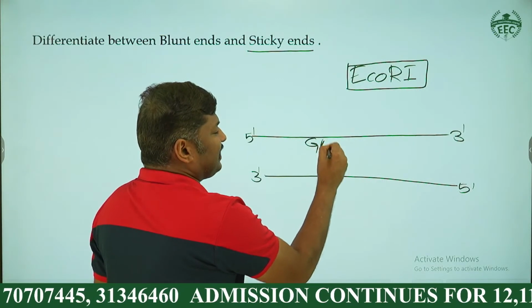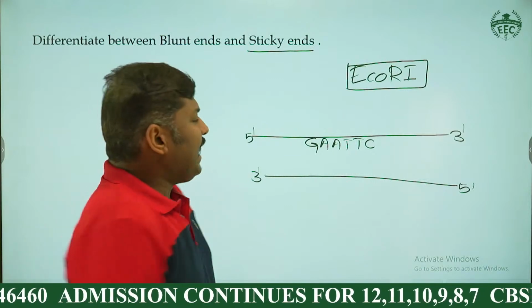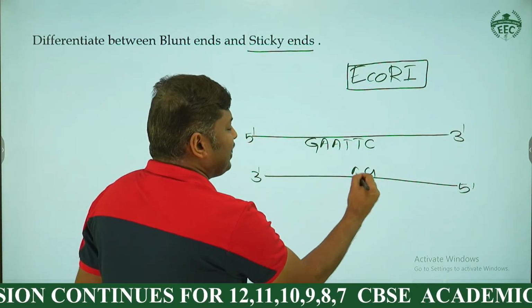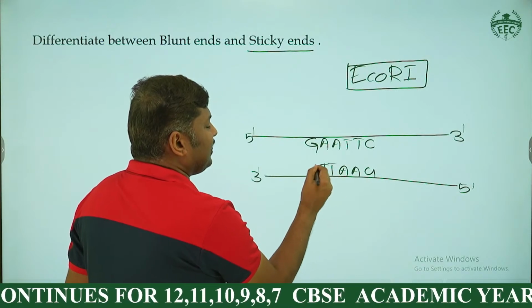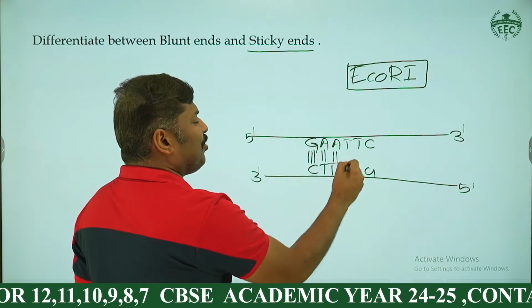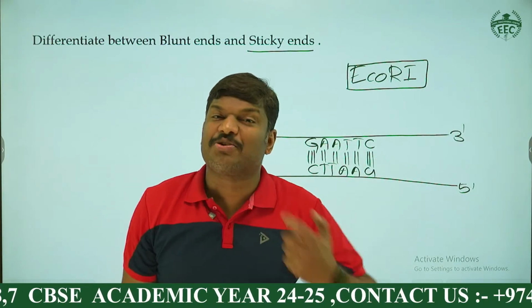What is that? You already studied GAATTC. And here you can see this is the palindromic nucleotide sequence. So that's why GAATTC. Here you can see the double hydrogen bond, double hydrogen bond, triple hydrogen bond, and this is the recognition sequence of EcoRI.